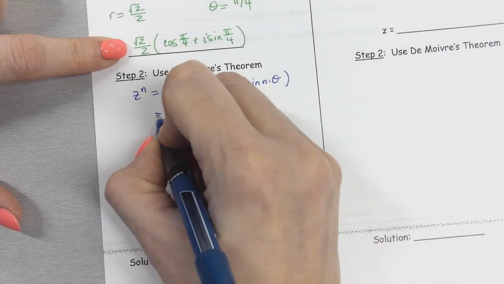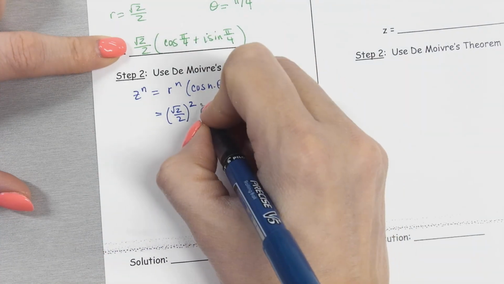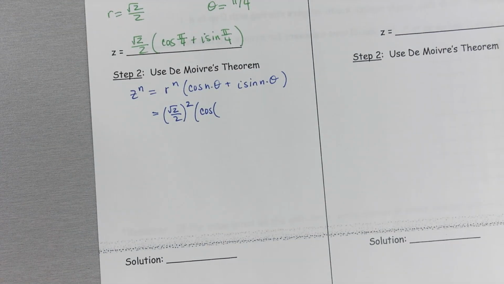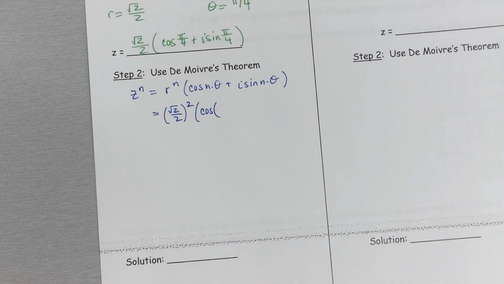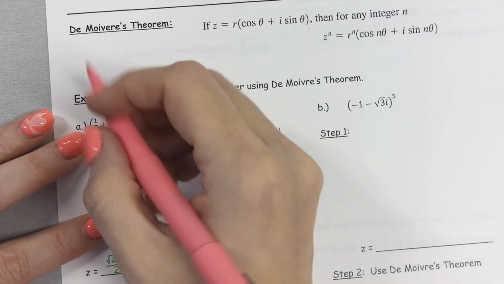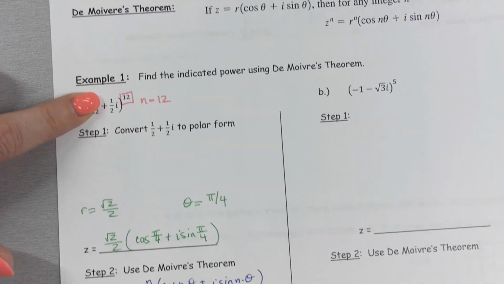So if your r value is root 2 over 2, we're going to do this without our calculator today. And you have the cosine of, in this case, your n value is going to be what? That's your 12. Yep. Okay, so your n value is going to be 12. It's whatever your power is.